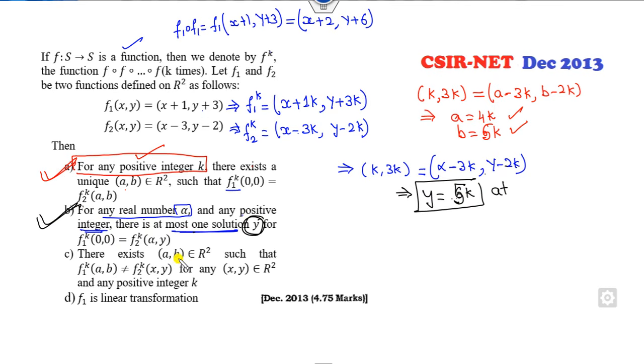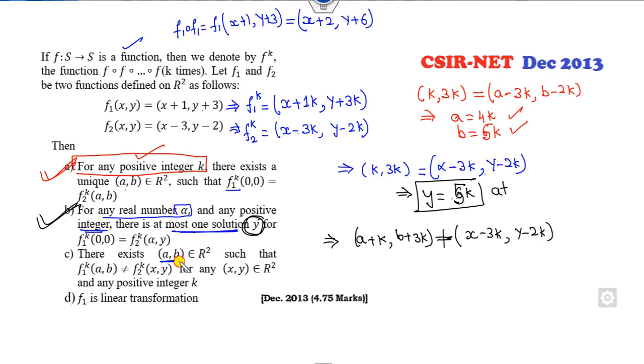There exists a comma b such that they are not equal for any pair. What is that? It's a plus k and b plus 3k is not equal to x minus 3k, y minus 2k.